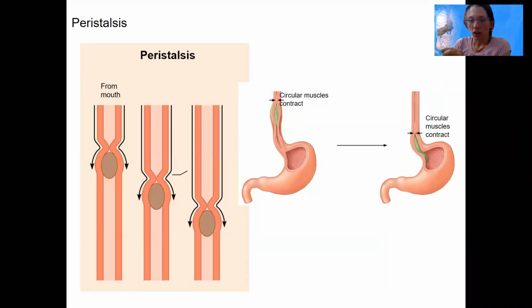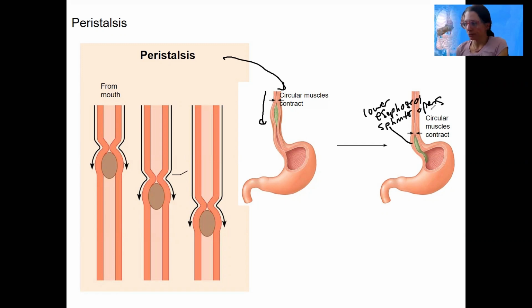As this goes down, this is peristalsis, the sphincter is going to open. So here, the circular muscles contract. That triggers a short reflex that is going to cause the lower esophageal sphincter to open. This allows food to enter the stomach.